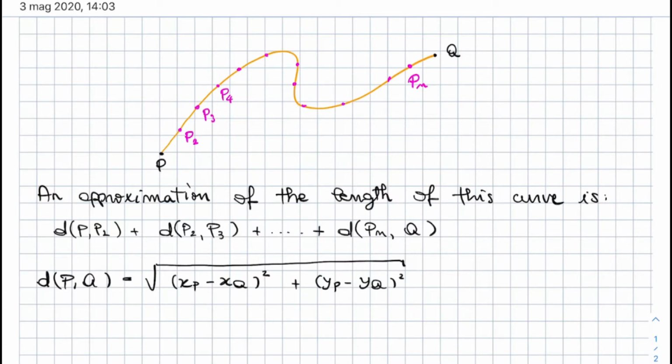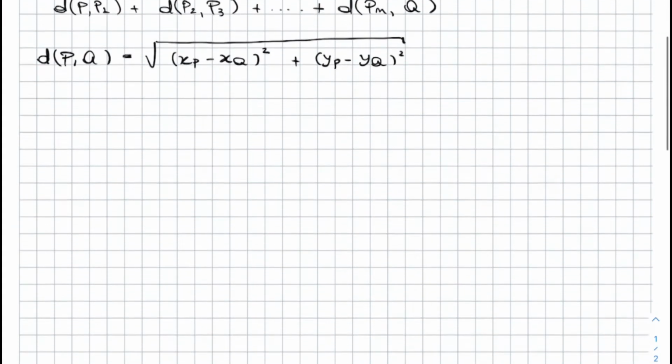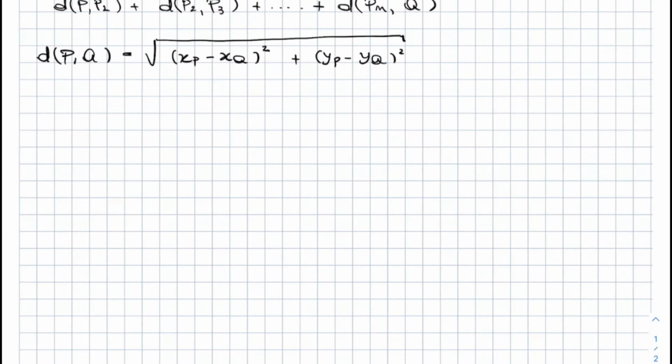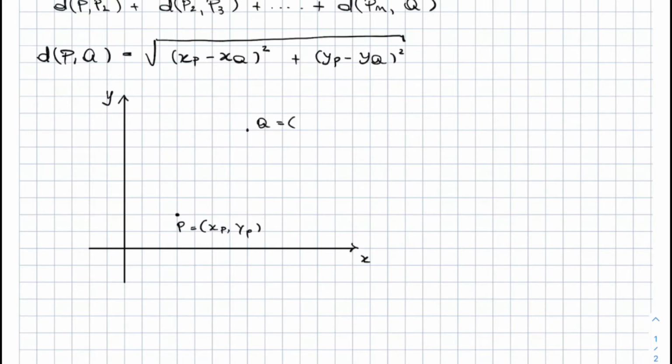So, first of all, let us define this other metric. So, I will draw the y-axis and the x-axis, and I will take 2 points P, again of coordinates xp, yp, and Q of coordinates xq, yq.